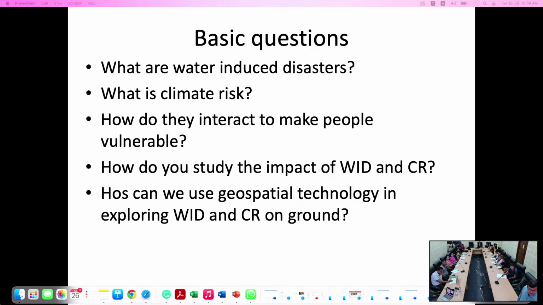And then, how can we use geospatial technology in exploring water induced disaster and climate risk which is observed on the ground. Learning something theoretically, conceptually, as part of your curriculum in any subject, textbook kind of work, and then exploring the meaning of all these ideas and concepts as they are happening on the ground and affecting people, is a completely different aspect, but we are trying to combine them.